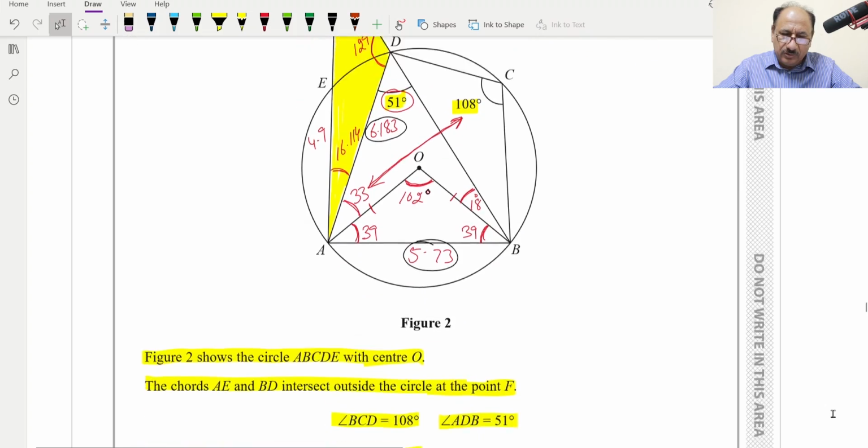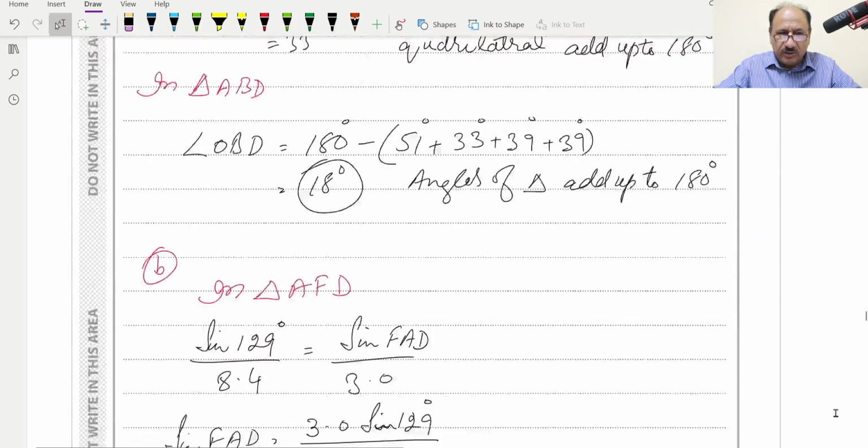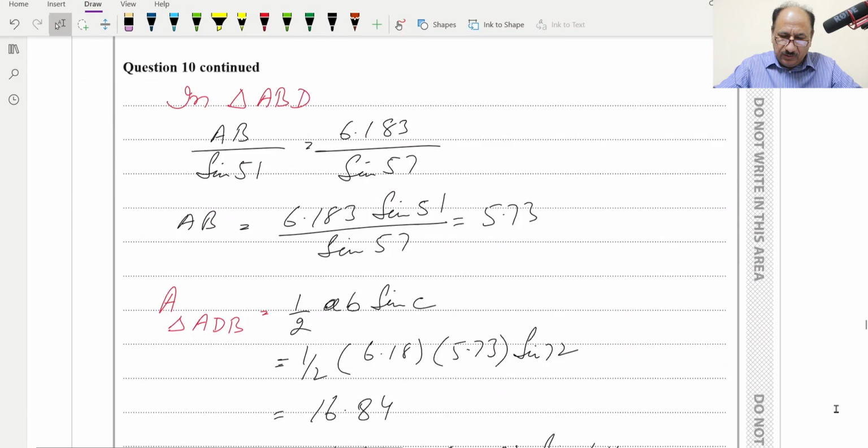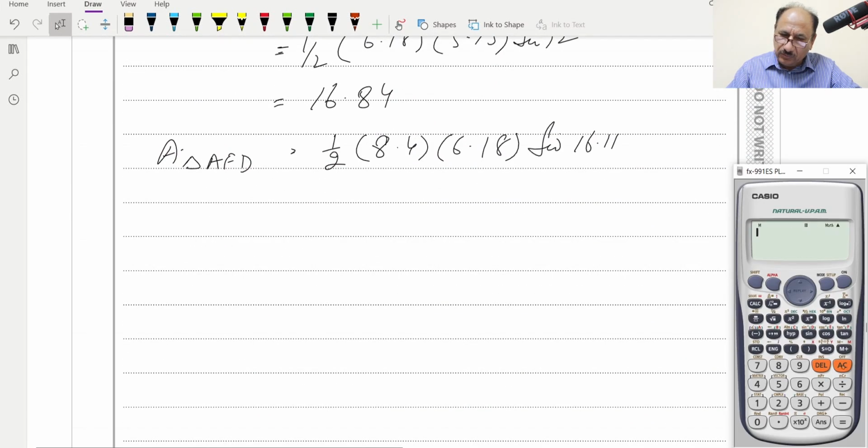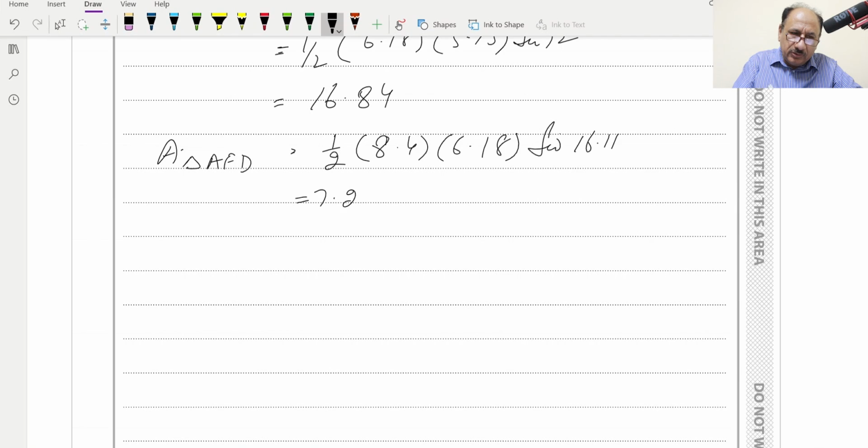We can solve this area with the calculator: 0.5 into 8.4 into 6.18, and sine of 16.11, and this is equal to 7.20.